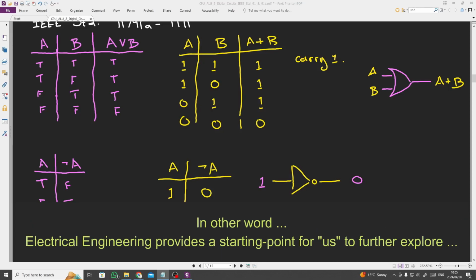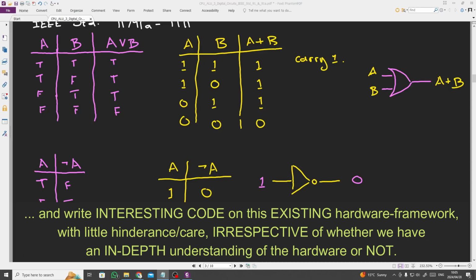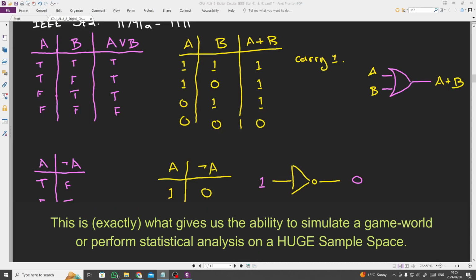In other words, electrical engineers provide a starting point for us to further explore and write interesting code on this existing hardware framework with little hindrance or care, irrespective of whether we have an in-depth understanding of the hardware or not. This is what gives us the ability to simulate a game world or perform statistical analysis on a huge sample space.